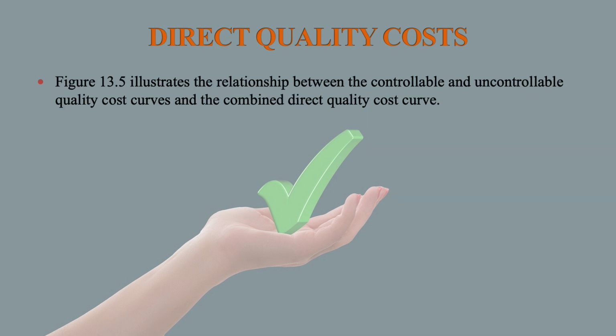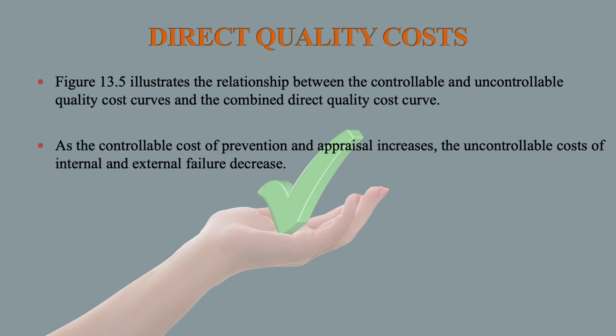Figure 13.5 illustrates the relationship between the controllable and uncontrollable quality cost curves and the combined direct quality cost curve. As the controllable cost of prevention and appraisal increases, the uncontrollable costs of internal and external failure decrease.